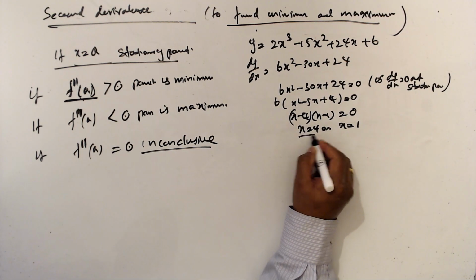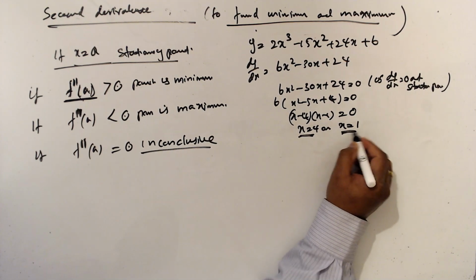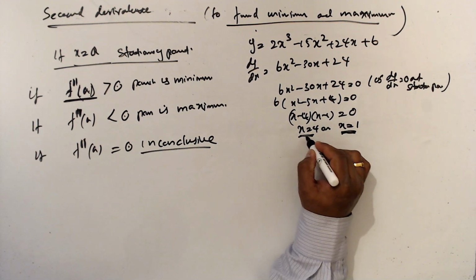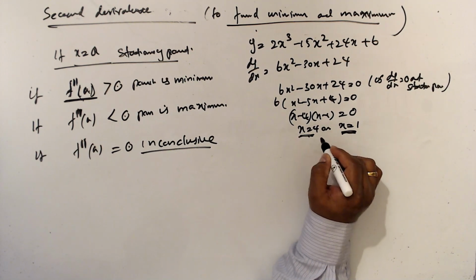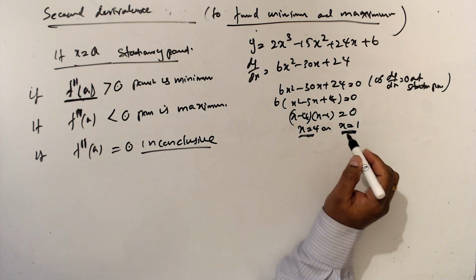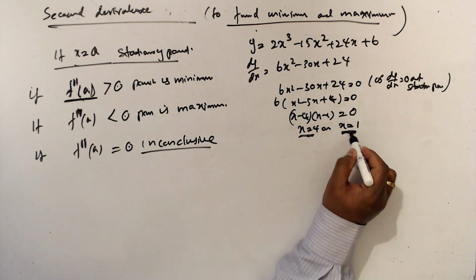Now I have two stationary points, x equals 4 and x equals 1. Now I want to check whether each is a minimum, a maximum or a point of inflection.